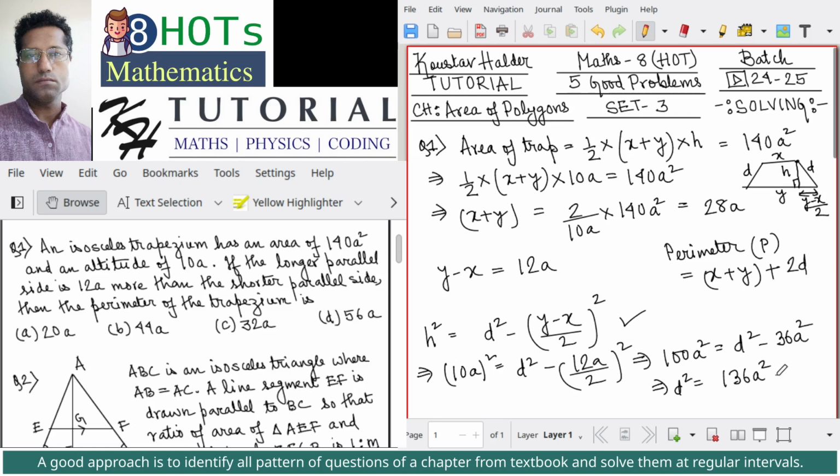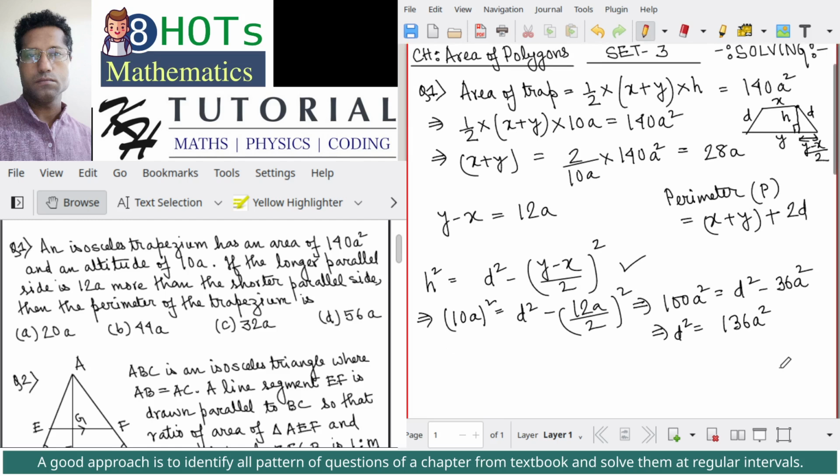I incorrectly gave the wrong data, because I was thinking d would not have any roots, but over here the square root of 136 is not a perfect square, so this will imply that d is equal to a root 136.